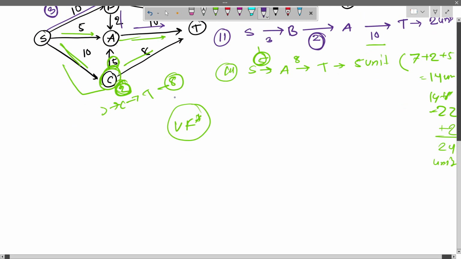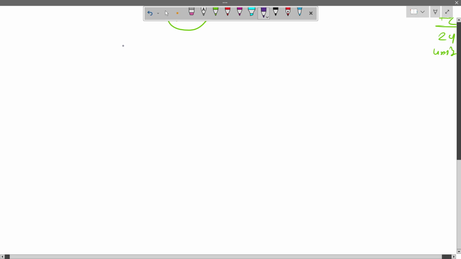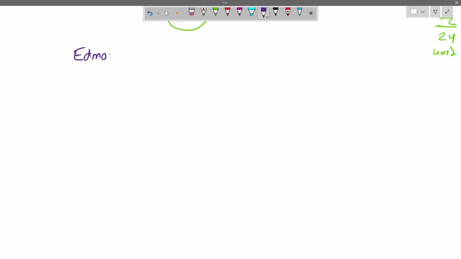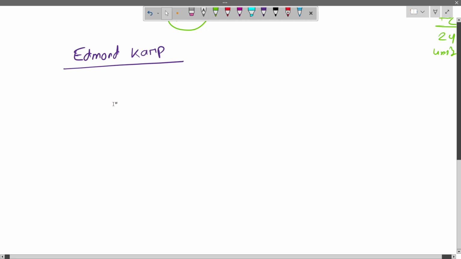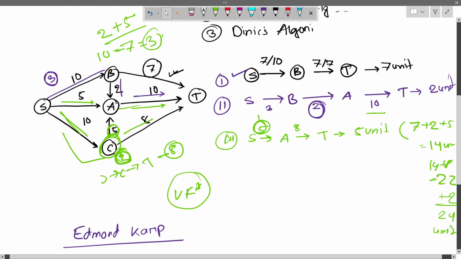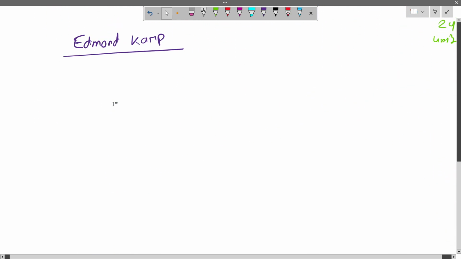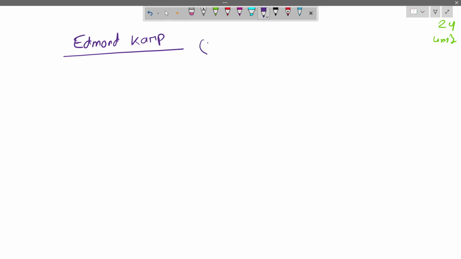Now if we move to the same problem with the Ford Fulkerson algorithm, the Edmonds-Karp algorithm. The Edmonds-Karp algorithm is also one kind of Ford Fulkerson algorithm, but it uses breadth first search.